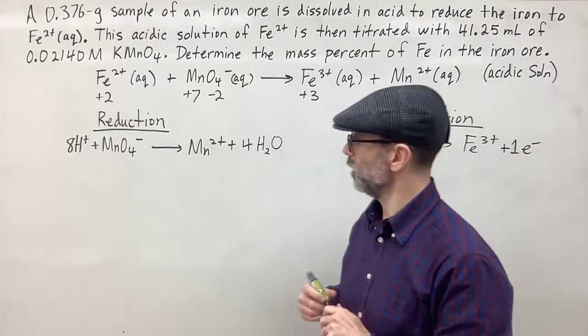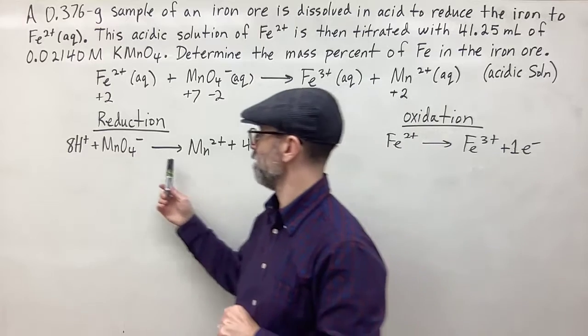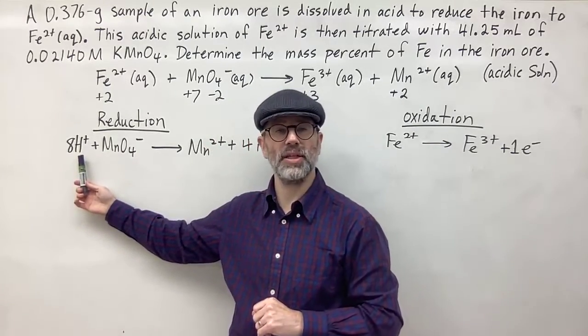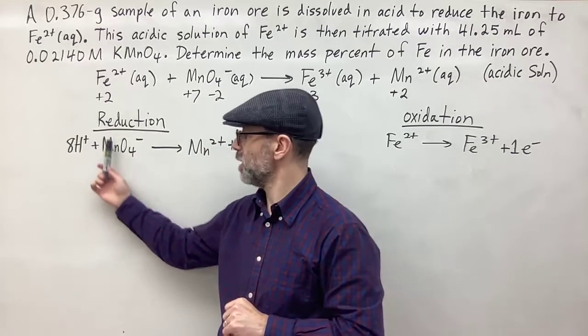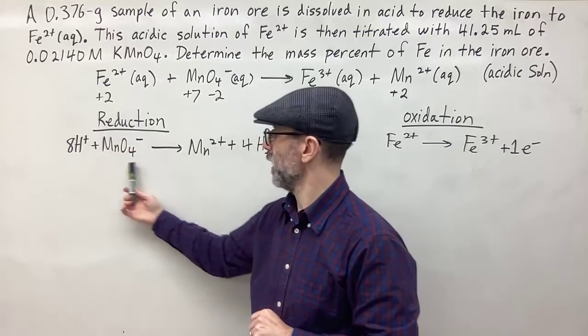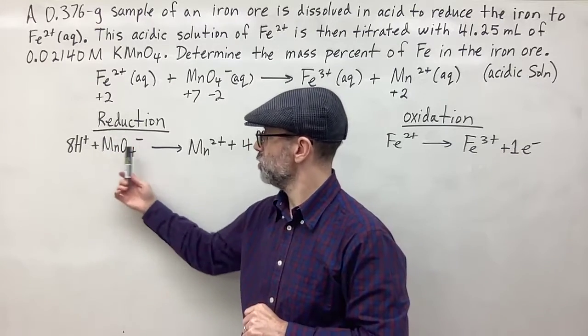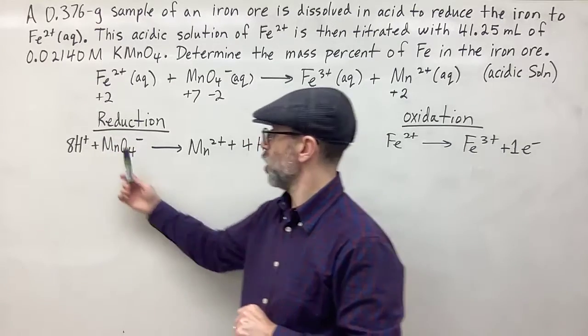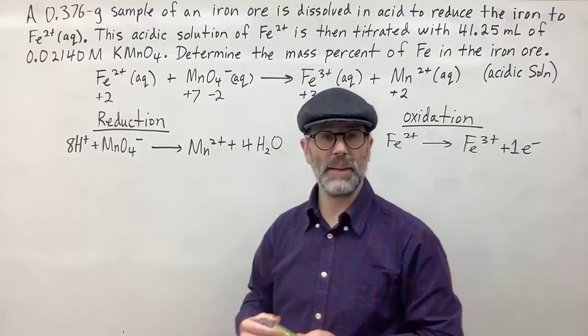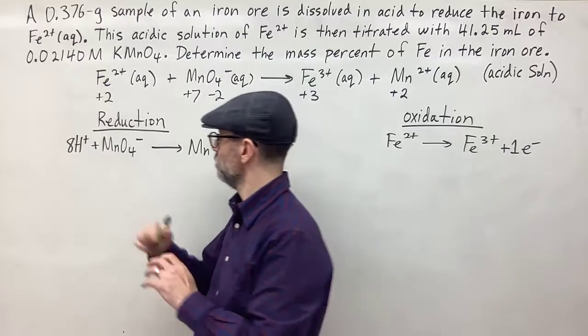Now let's go over here. Over here I have an 8 plus. I have 8 positive hydrogens. So that's a plus 8 over here. I have a negative permanganate ion. So that's a negative 1. So 8 plus negative 1 gives me a plus 7 on this side.